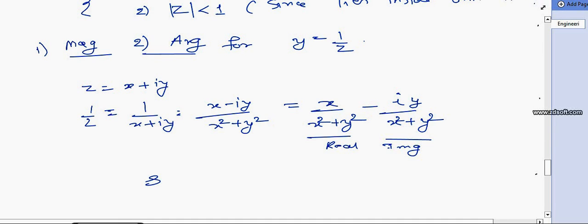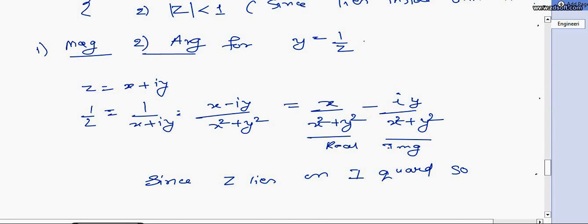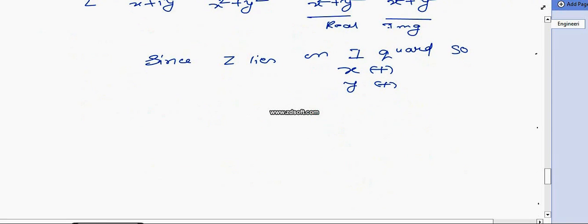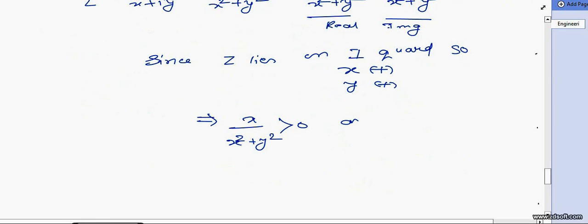Then since z lies in the first quadrant, x is positive, y is positive, and this means that x upon x square plus y square would be greater than 0 and minus y upon x square plus y square would be less than 0.